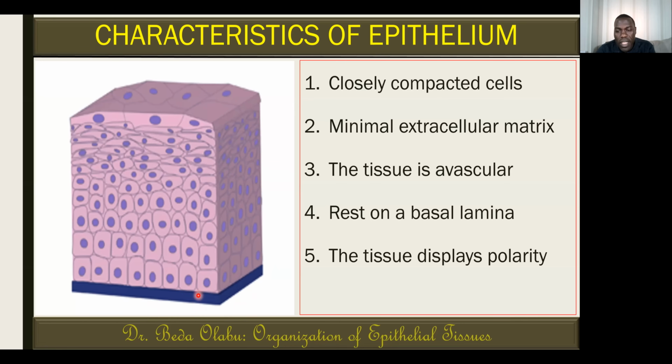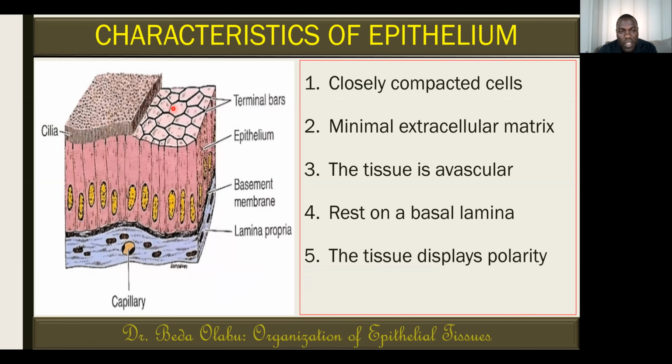We also say that epithelium displays polarity. And what do I mean by polarity? When we talk of polarity, we mean that the epithelium has a free surface and an attached surface. The free surface is what I called the apical surface. The attached surface is what I call the basal surface, as I explained to you earlier. In this image, you can also appreciate the same.